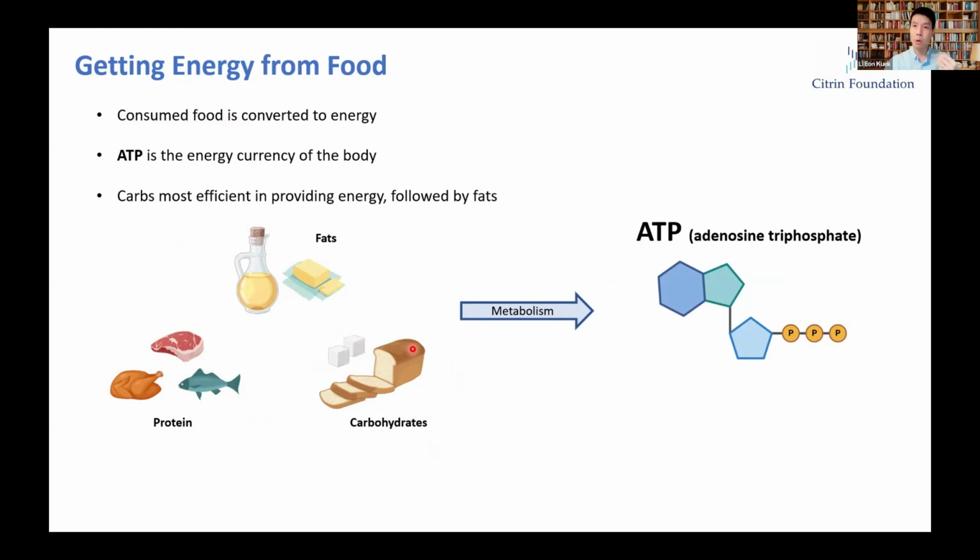It's the most efficiently broken down, and it's very easily digested and used to make ATP. To a lesser degree, fats can also be used as an alternate source of energy. And lastly, you have proteins. Compared to fats and carbohydrates, proteins are by far the least efficient in providing ATP. So generally, the body would prefer to use carbs and then fats before reaching for proteins to create ATP.